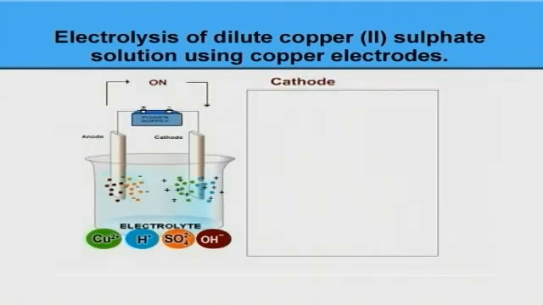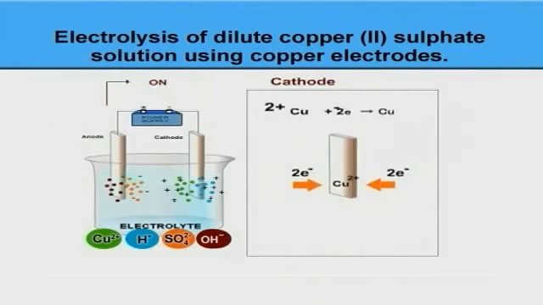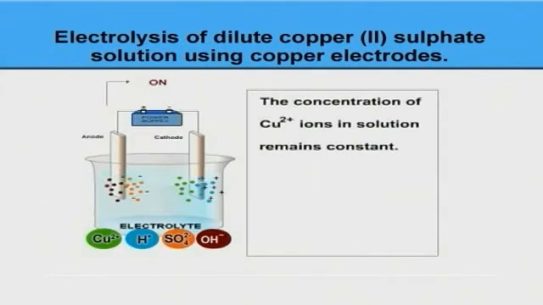The copper 2+ ions migrate to the cathode and are discharged, forming a coating of copper metal on the negative electrode. The concentration of the electrolyte does not change during the process as the quantity of copper 2+ ions entering the solution at the anode is exactly equal to the quantity of copper 2+ ions leaving the solution at the cathode for a given quantity of electricity.